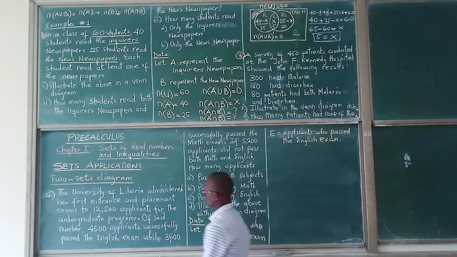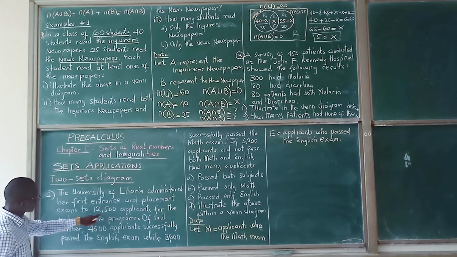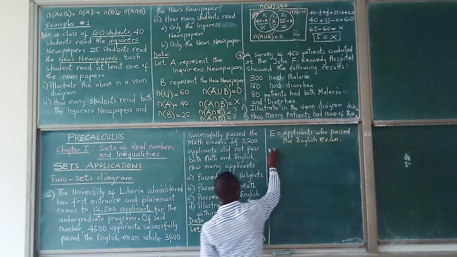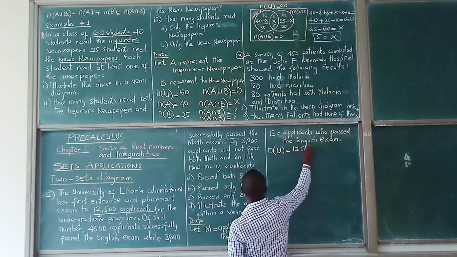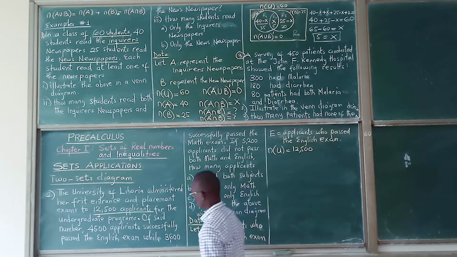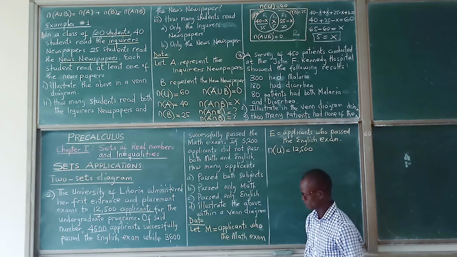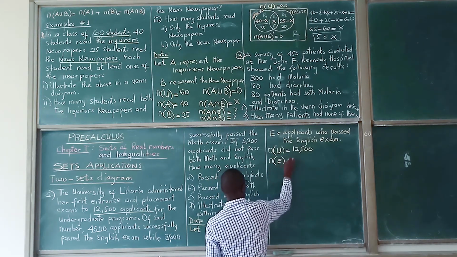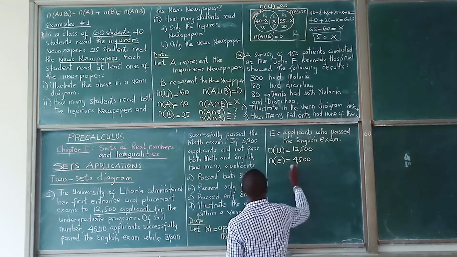Now, we continue. 12,500 applicants sat for the exam, so the number of U is equal to 12,500. 4,500 applicants successfully passed English, so the number of students that passed English is equal to 4,500.